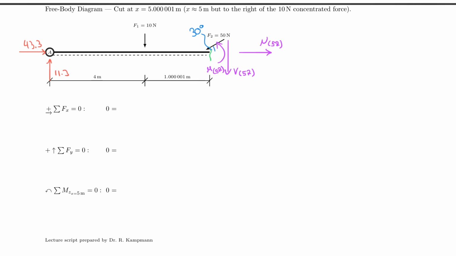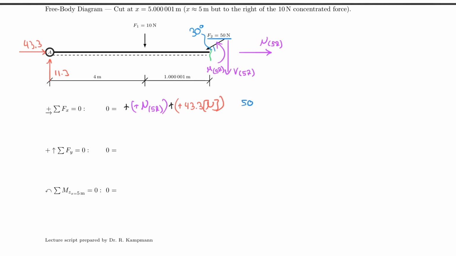I start with my unknown as always. So plus N at 5 to the right is pointing to the right. Therefore, I make it positive. I now bring in my 43, so plus 43.3 Newton, which needs a direction as well, happens to be positive. And now I need to add actually this 50 Newton times the cosine of 30, right?